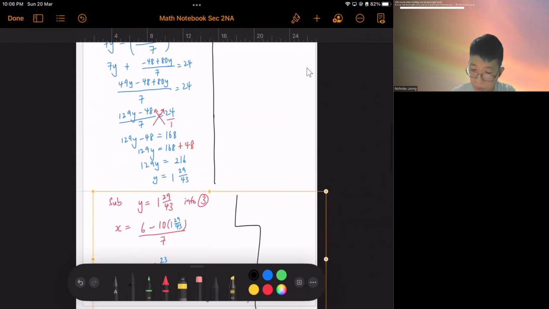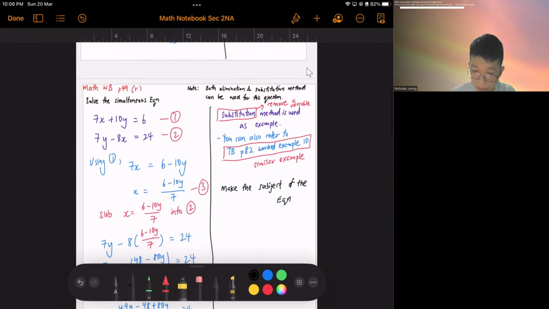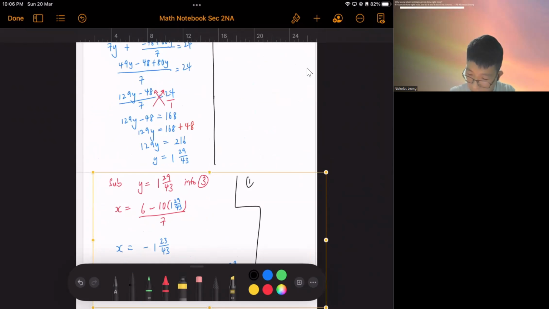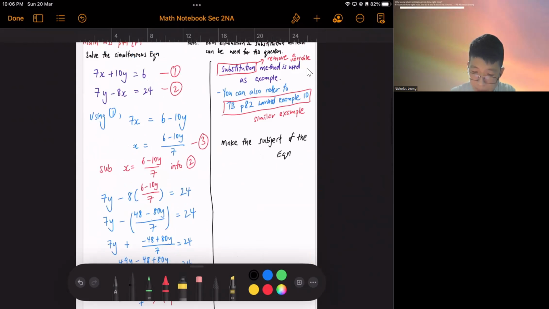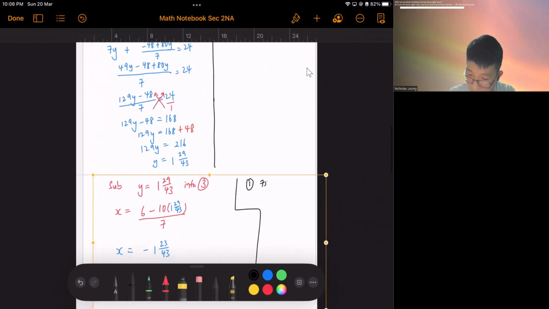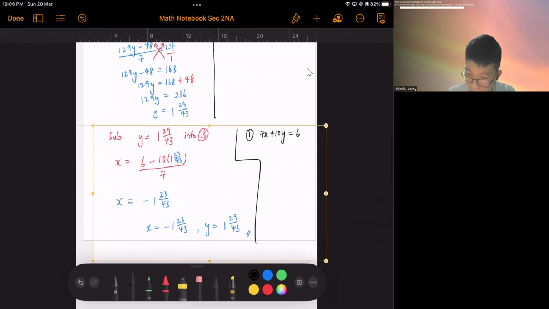So let's use equation 1. Let's write down what it is first: 7x plus 10y equals 6. Okay, so for 7 you put in the value of x, which is negative 1 whole 23 over 43, plus 10y, which is 1 whole 29 over 43.